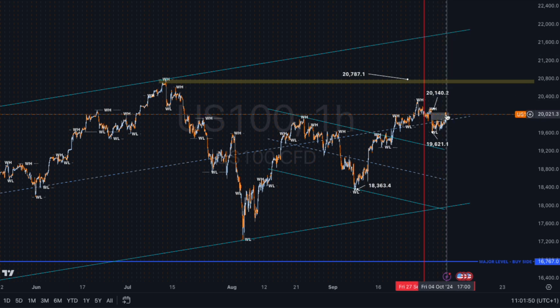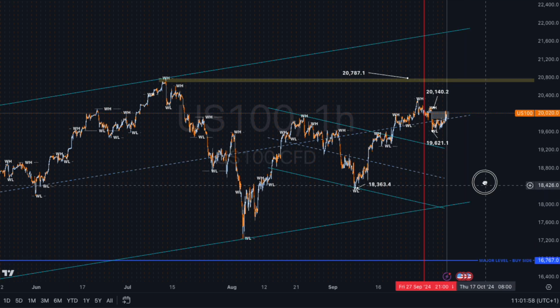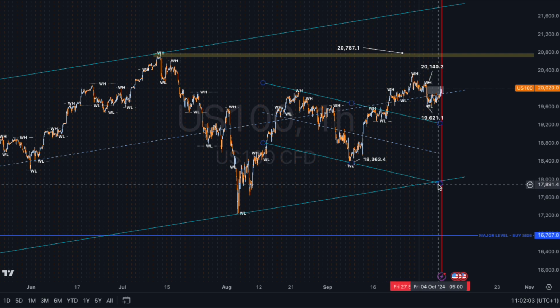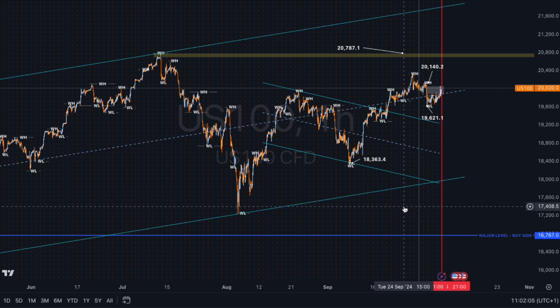However, if it does take out this low and come down a little bit lower, then in my opinion, it is fair to assume that it's going to knock this one out and we're going to be getting a market correction on the Nas. Bearing in mind, I don't know if it's this month or November. I think it's November. Actually, I'm pretty sure it's November.